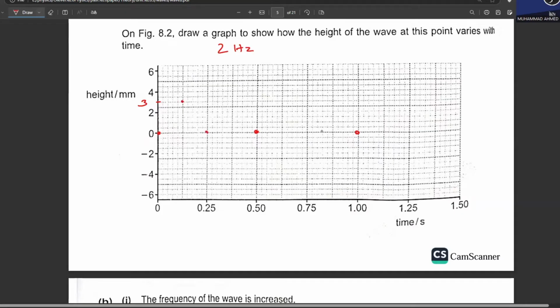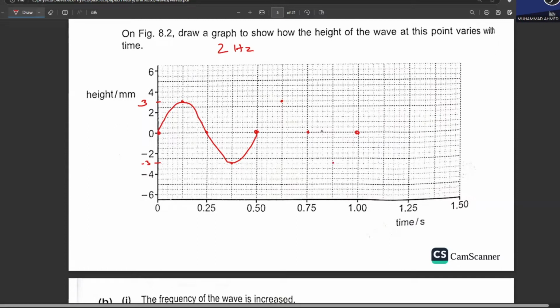So let's draw the wave. Somewhat like this, and probably here. Let's draw the wave. Somewhat like this. Let's continue this wave as well. This is 3 again. This is 0 again.